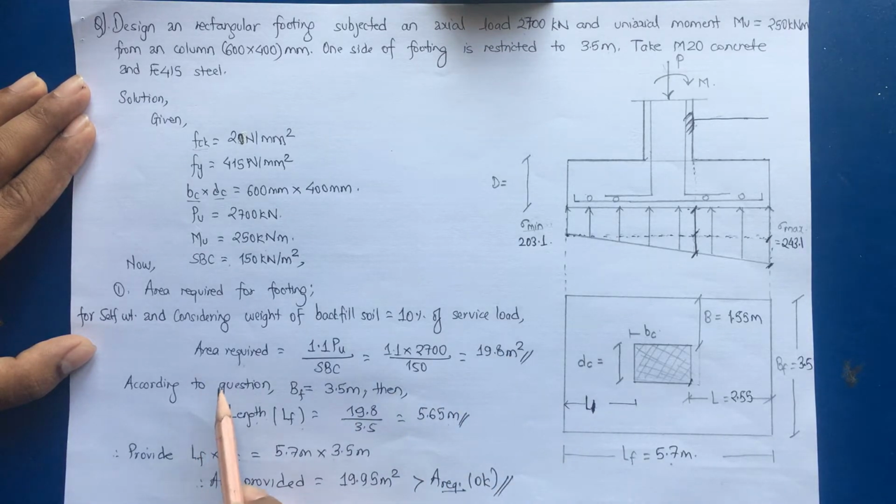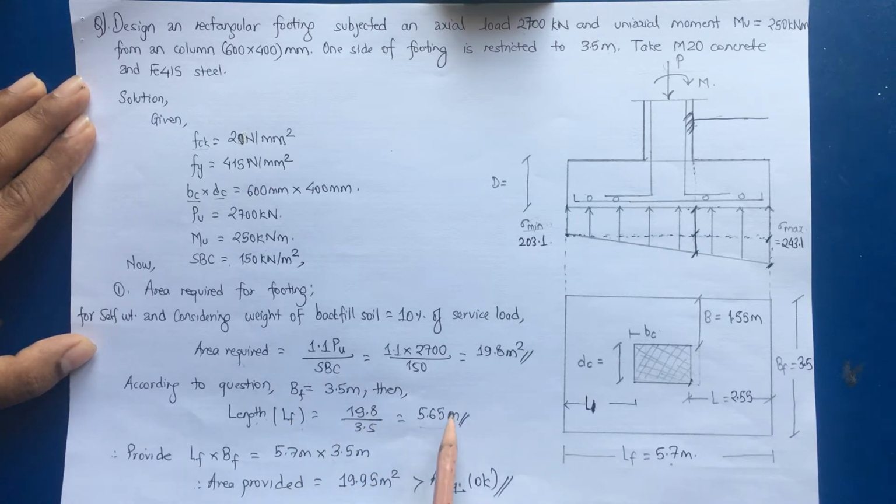And according to the question, we have a restriction on one of the sides, that is Bf 3.5 meter. If the value required for Bf is less than 3.5 meter, then it won't be a restriction. But for now, as the required area is greater, we have to restrict the width of the footing to 3.5 meter. And for area, we have area equal to L into B, and cross multiplying we get Lf equal to 19.8 divided by 3.5, so we get 5.65 meter.